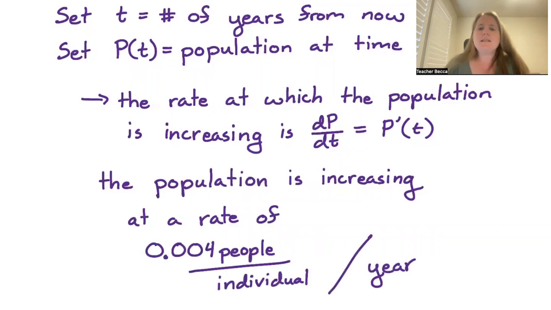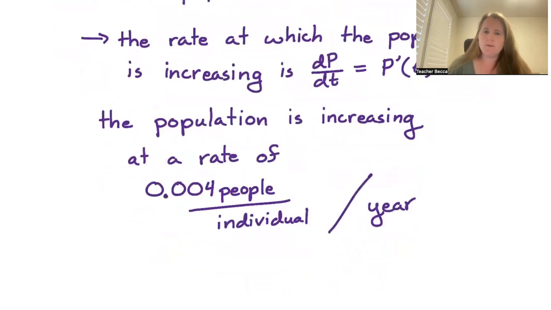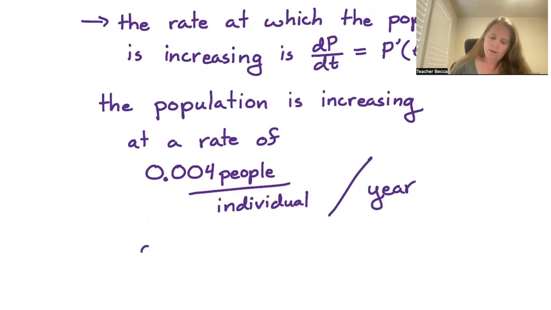So dP/dt is just people per year, so we need to get rid of that individual. So dP/dt, or P prime, is people per year.